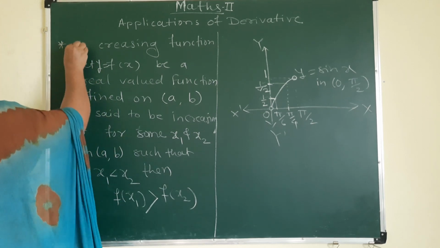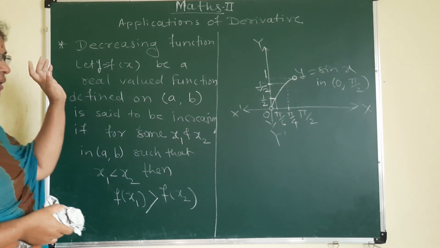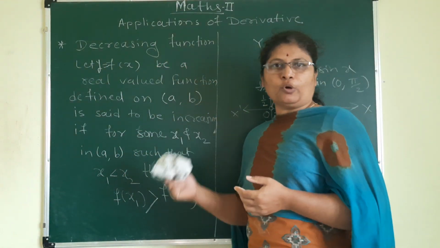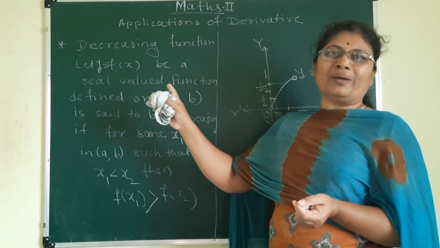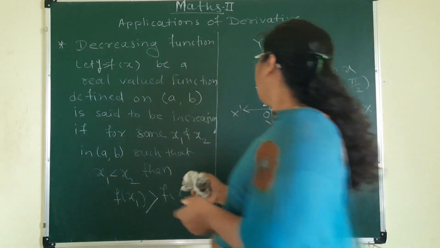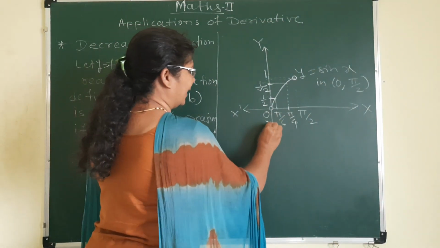So increasing means values of x increase and at the same time values of f of x also increase, and decreasing function means values of x increase but values of f of x decrease. I will consider the same graph again for the next interval.